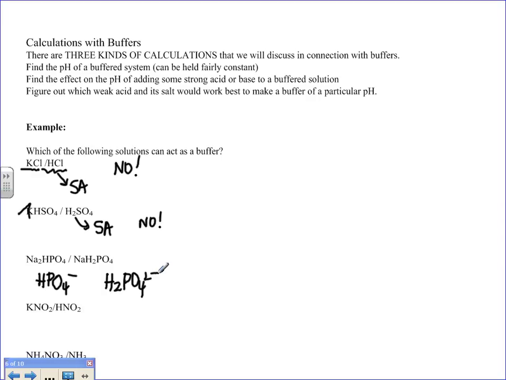So it won't participate or affect the pH. So what I've got here are a pair of ions, and they are an acid-base pair. They differ by one proton. So because of this, they will be able to be used to prepare a buffer. This is actually the system that's used in the Kodak film process.